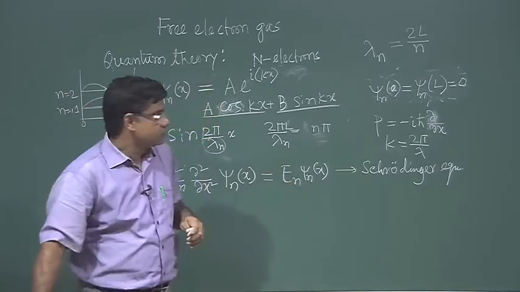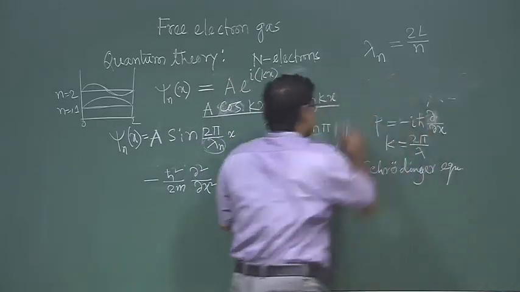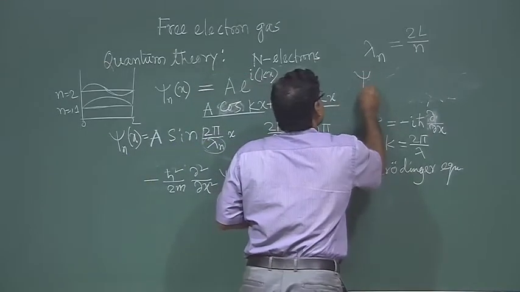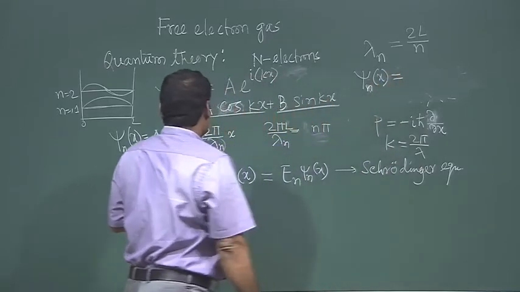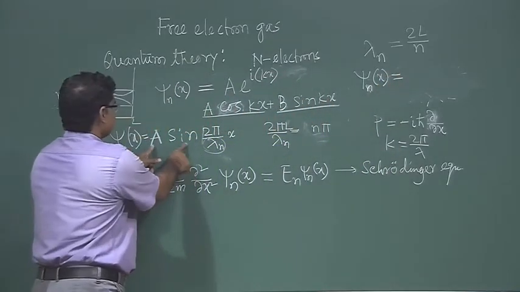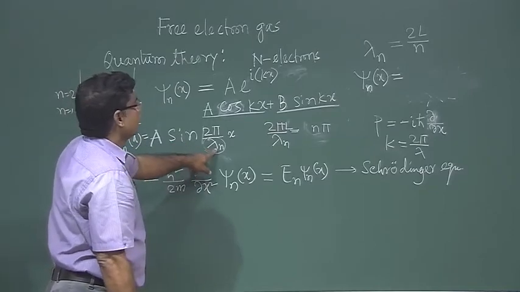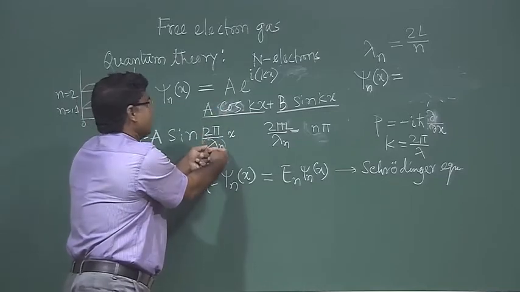So, here the wave function, now I can write psi n(x) equal to A sin. Lambda n I will put 2L by n.